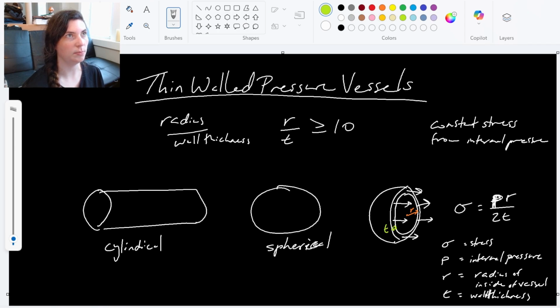And P would be the pressure caused by whatever is happening inside of that vessel, usually given to you, or the max pressure value, to calculate those stresses. So not too bad, right? A fairly straightforward equation that is a little bit different when we have a cylindrical vessel. So this is our equation for a sphere.